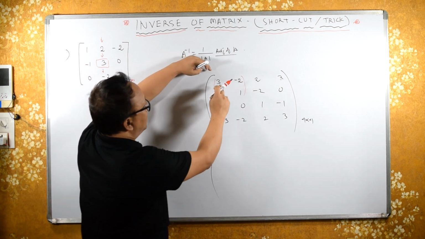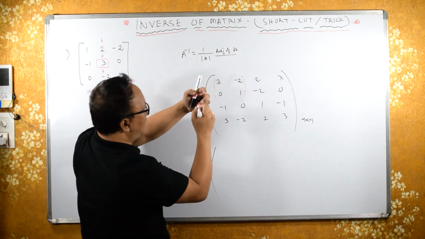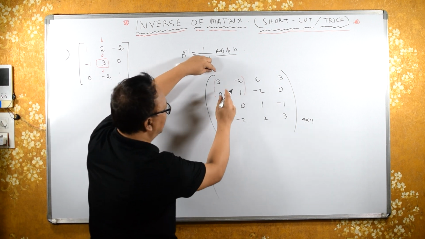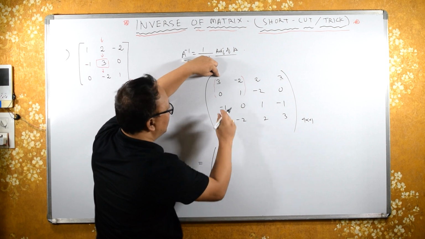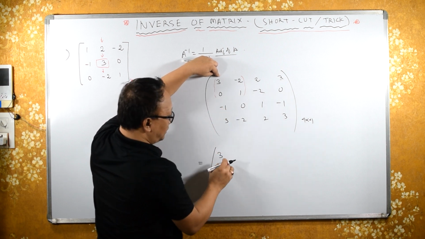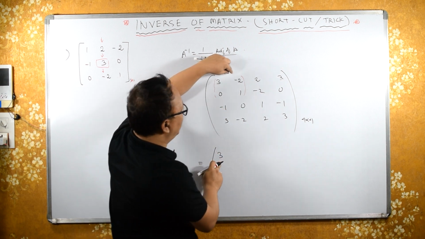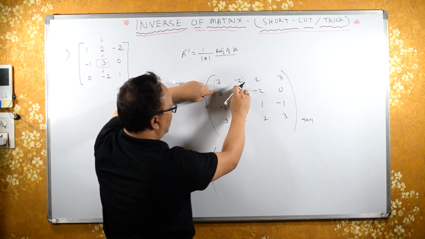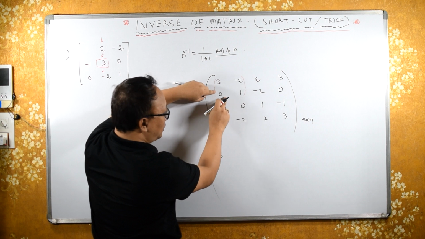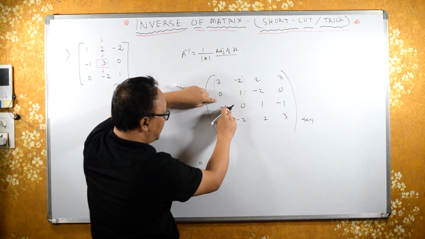Now this 3 into 1 is 3. Let's find out 3 into 1 minus this. 3 into 1 is 3, minus 0 is 0. Now here again, 1 into 0 is 0, minus plus 1.